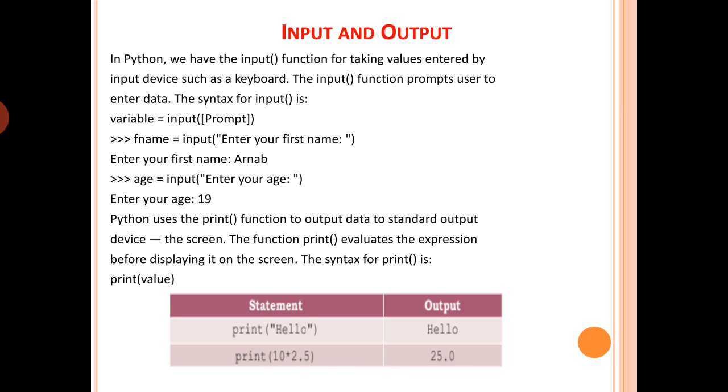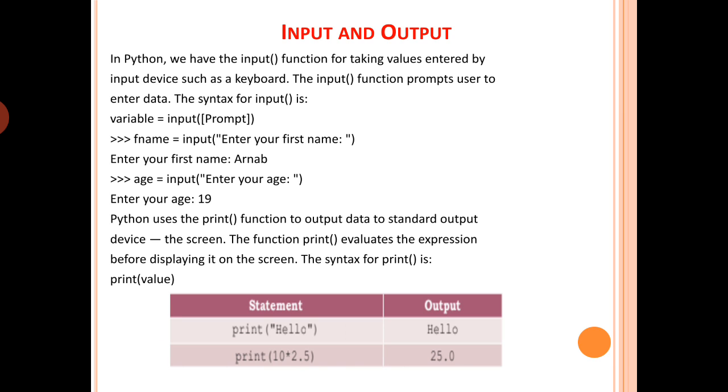The syntax of the input function is variable name equals input, then prompt. Prompt is the string we may like to display on the screen prior to taking the input, but it is optional. The input function takes exactly what is typed from the keyboard, converts it into a string, and assigns it to the variable on the left hand side of the assignment operator.